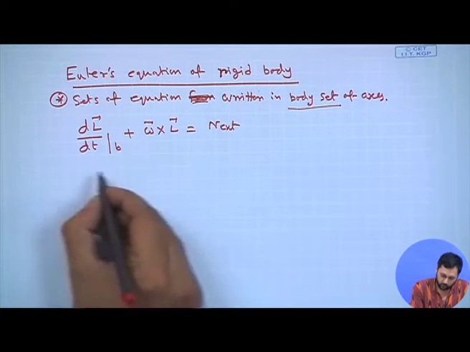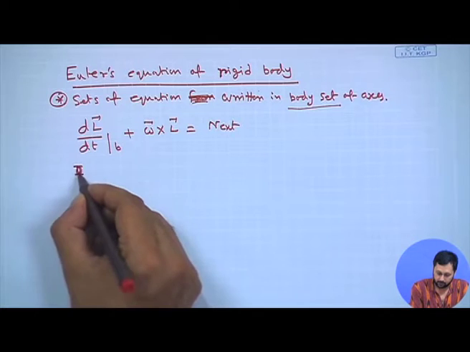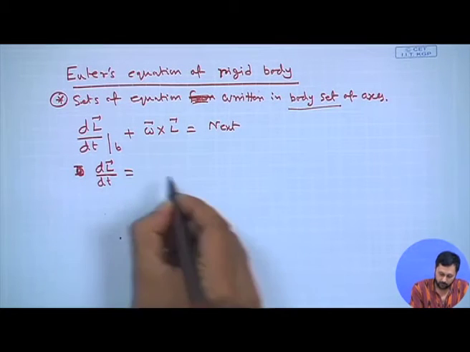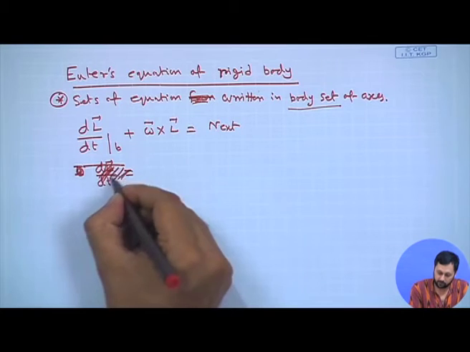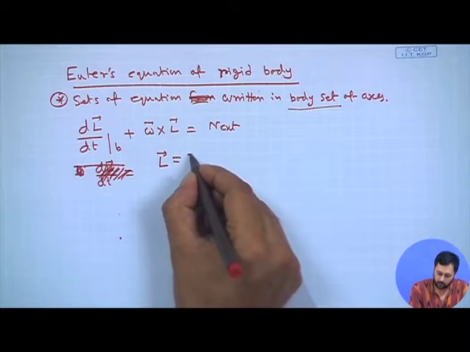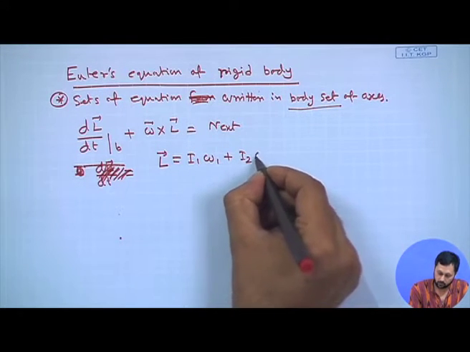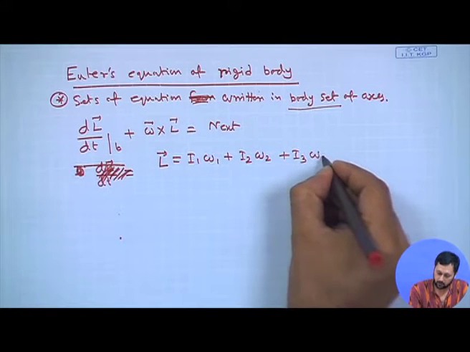So let's go to the principal axis system. What happens in the principal axis system? We have already seen that L is equal to I1 omega 1 plus I2 omega 2 plus I3 omega 3.